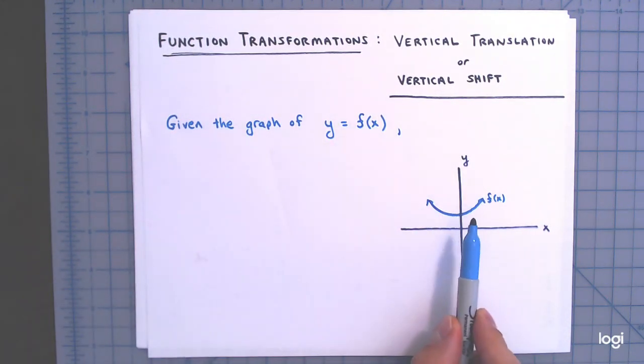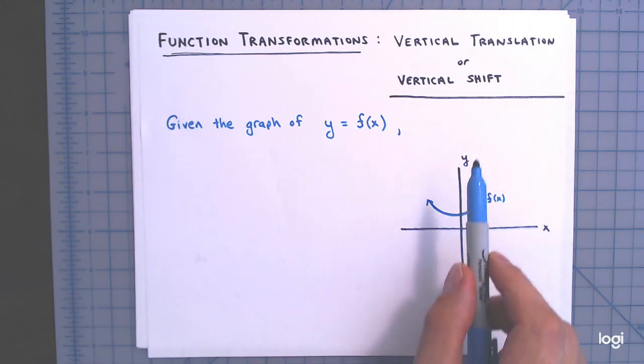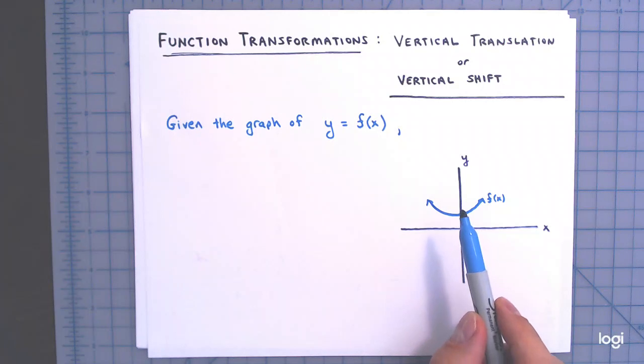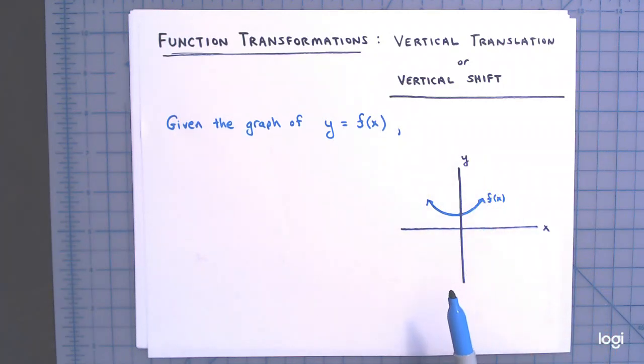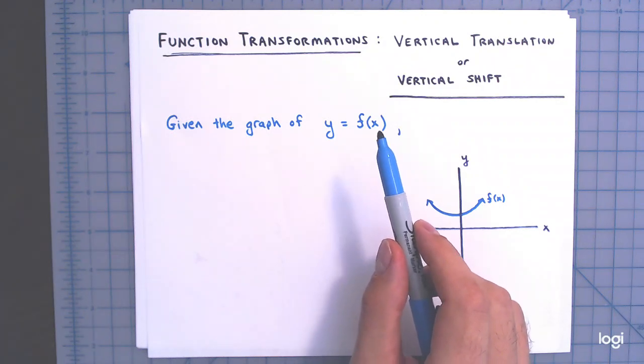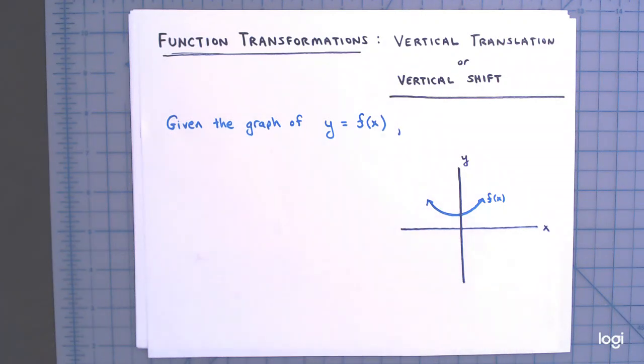We can move this picture around, and in this video I'm just going to talk about moving it up and down. We can move this picture up and down by just a very simple change to the equation, and it's simply by adding a number.